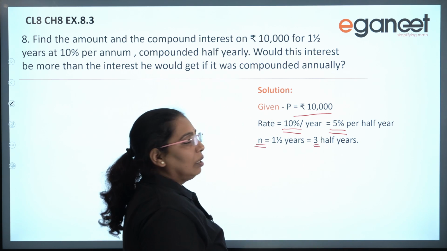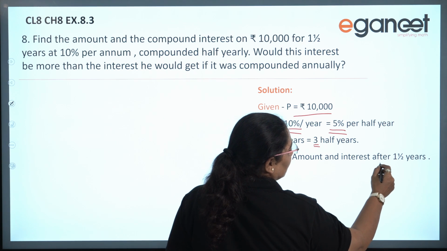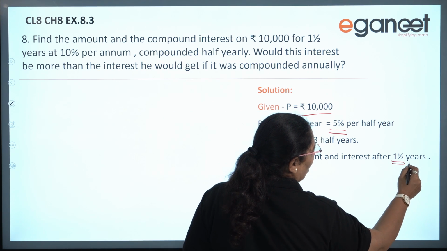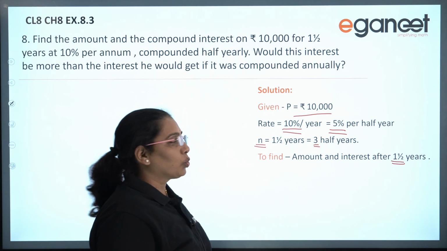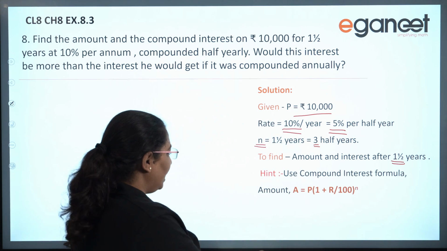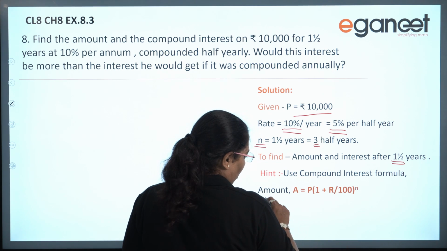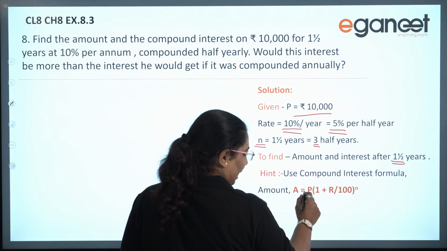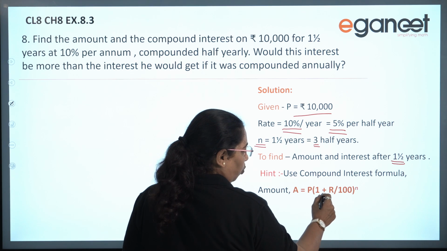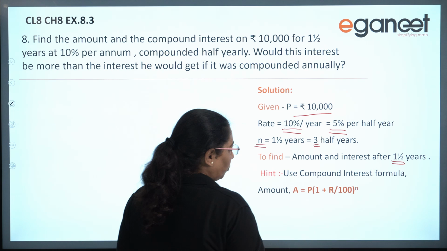Okay. What we have to find out? We have to find the amount and the interest after 1.5 years. To solve this problem, let me give you a hint. We have to use the compound interest formula for amount, that is A is equal to P into 1 plus R upon 100 to the power n.